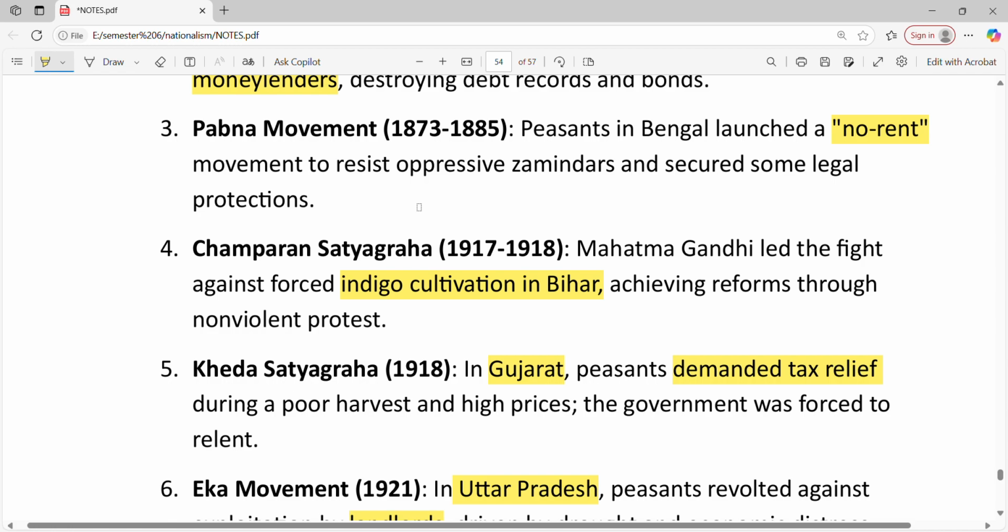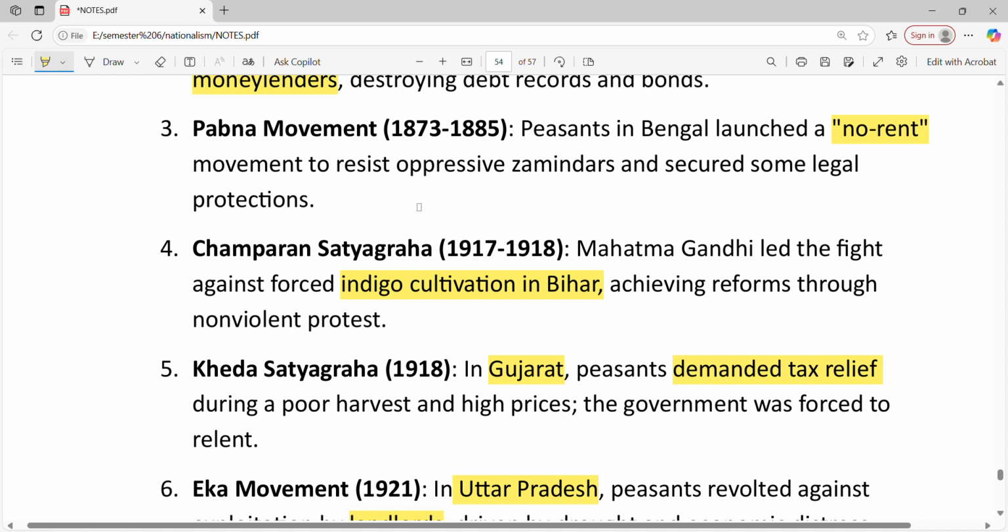But it was not profitable. Okay, so the farmers protested against that Teen Kathia system, and as a result of the Satyagraha, the Teen Kathia system was abolished.